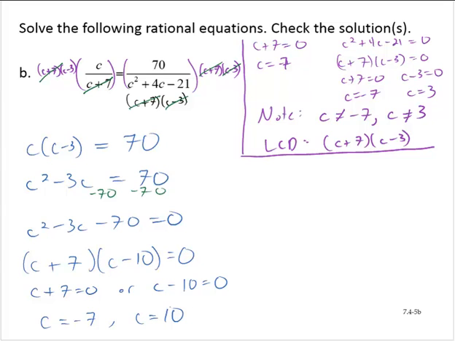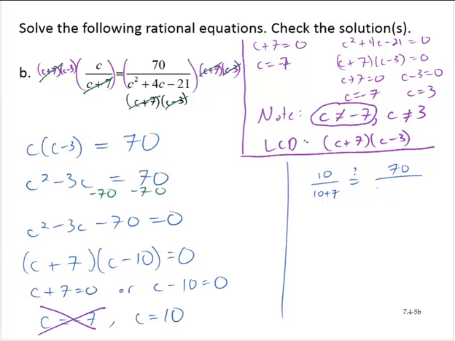Now, again, compare back to what we did earlier. We said that c cannot equal negative 7, so we immediately can exclude that solution. And we only need to check c equals 10. So is 10 over 10 plus 7 equal to 70 over 10 squared plus 4 times 10 minus 21? Left-hand side's easy, that's just 10 over 17.